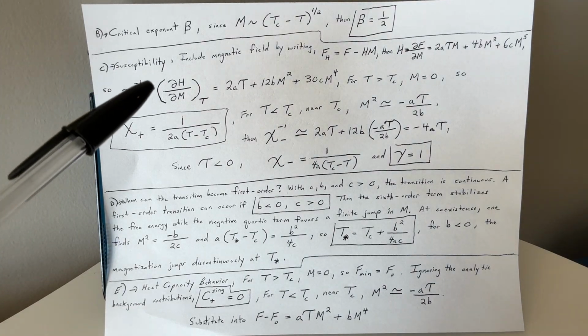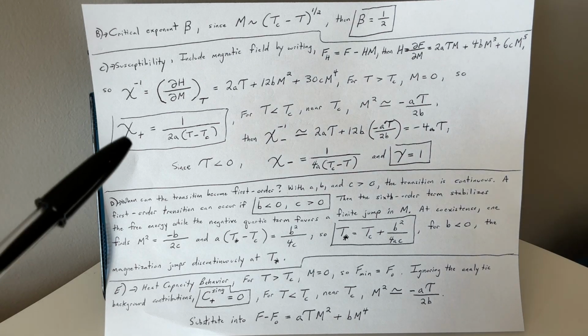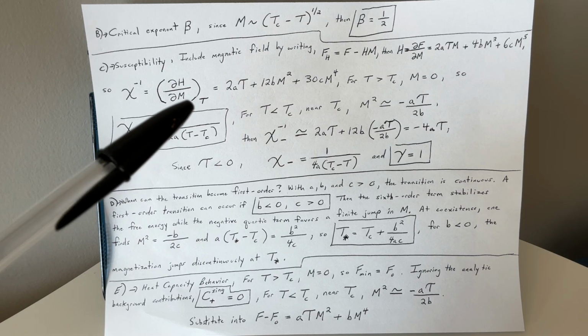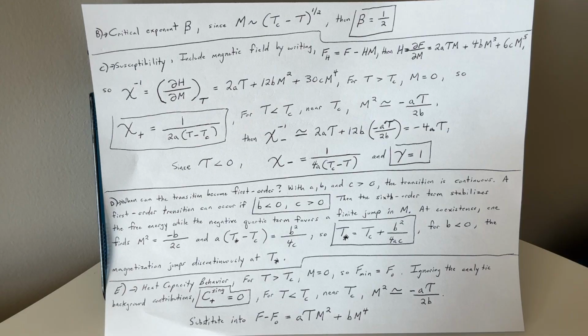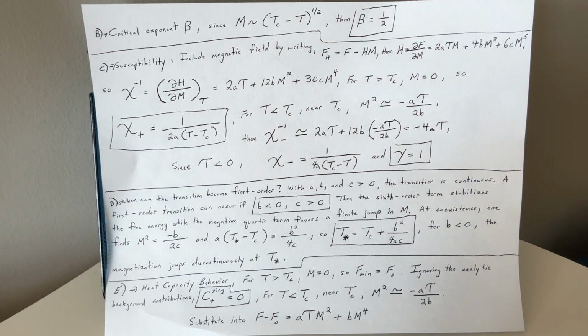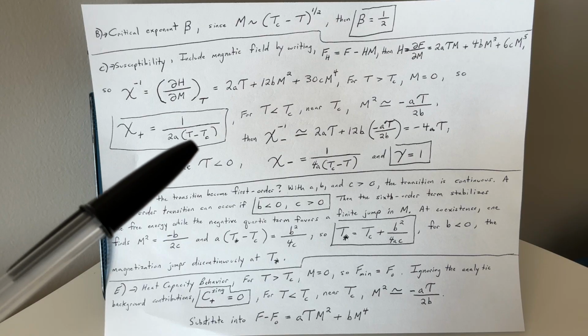Our inverse chi equals the partial derivative of H with respect to M at constant T, and it equals 2A tau plus 12B M squared plus 30C M to the fourth. And for T greater than T sub C, M equals 0. So chi plus equals 1 over 2A times the quantity T minus T sub C.